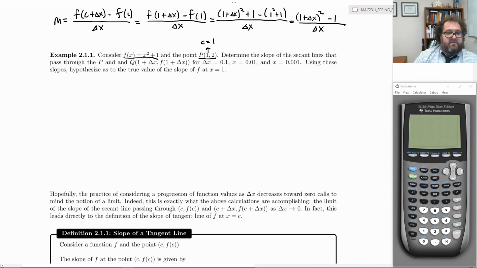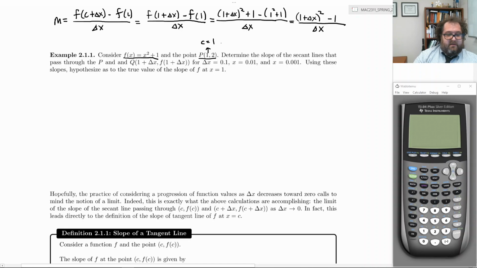So basically, we have 3 situations. We have the secant line through P, which is not changing. So P is (1, 2), and Q is 1 plus delta x. Actually, let me back up here. Let's erase that.